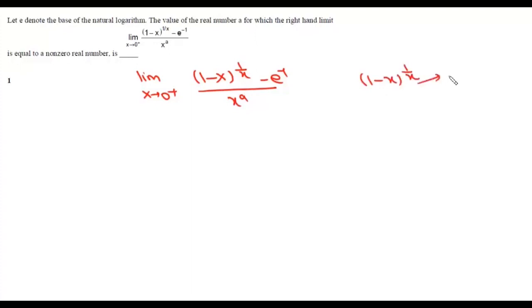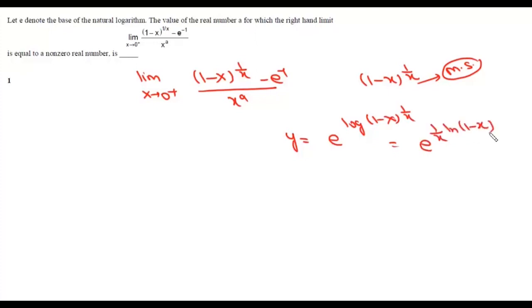Now one of the ways to find this expansion is using Maclaurin series, which we have covered in one of the previous videos. Now since we are assuming it's for JEE, we are not going to use Maclaurin series in this case. So what I'll do is I'll say, suppose this expansion is y, and we can write this as e to the power log of 1 minus x to the power 1 by x, which is e to the power 1 by x log 1 minus x.